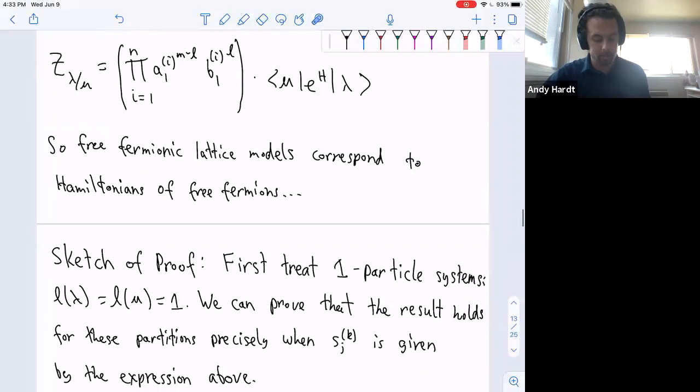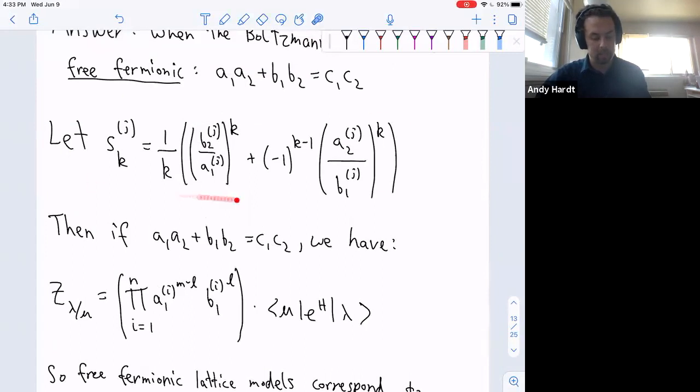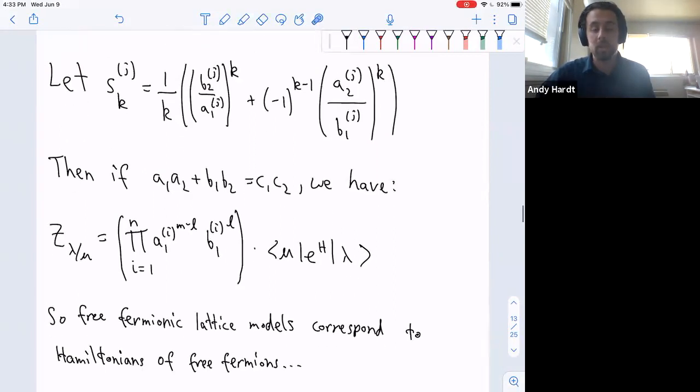And so you can prove that the result holds for these partitions, lambda and mu, precisely when these things are given by this expression. Again, you just solve for it. And then, what about multiple particles?